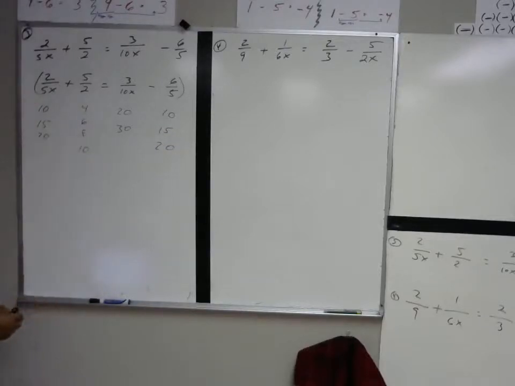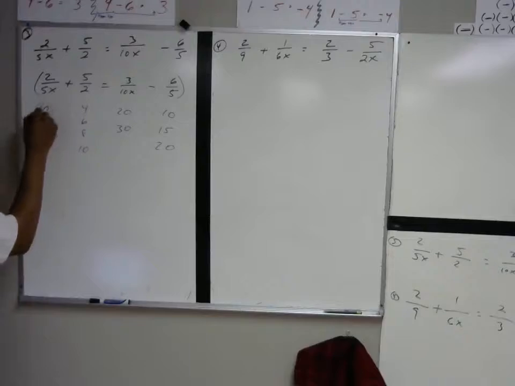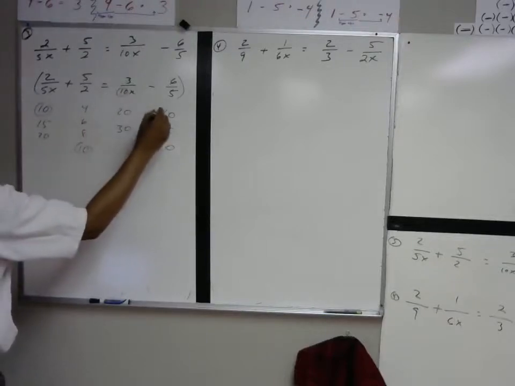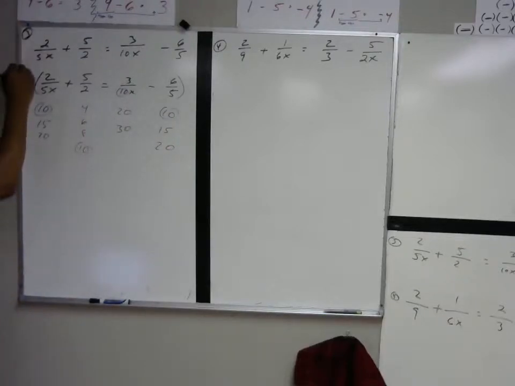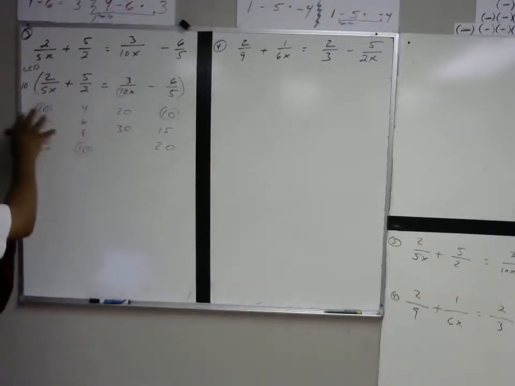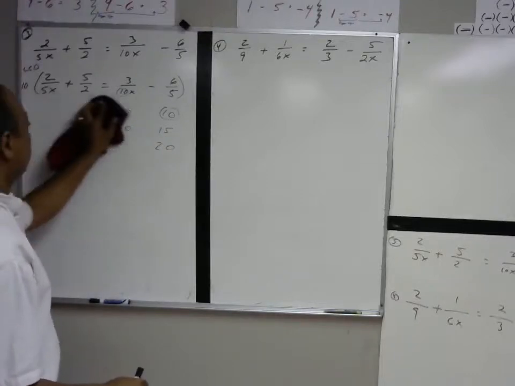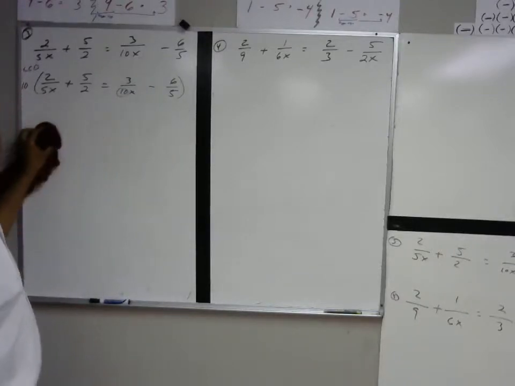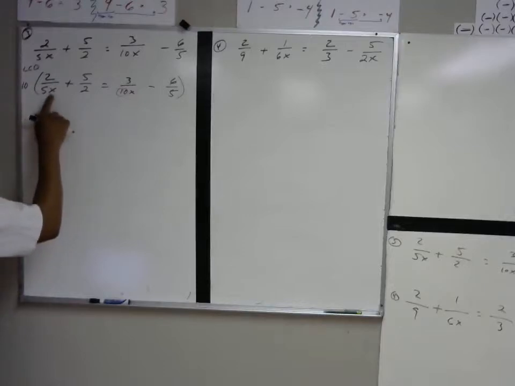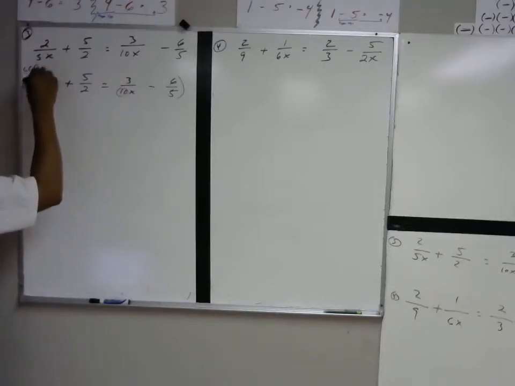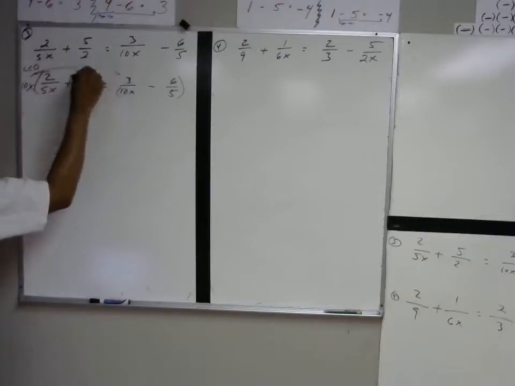And what do they all have in common? So your LCD will include 10. I'll erase these right here. Okay, and the highest power of x is right here. This is x. So we're going to distribute this 10x.